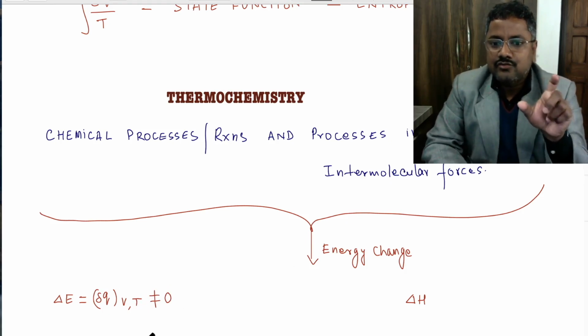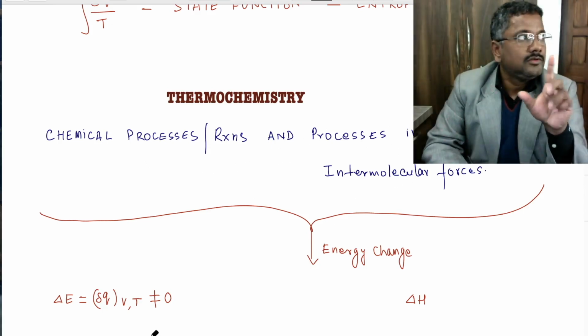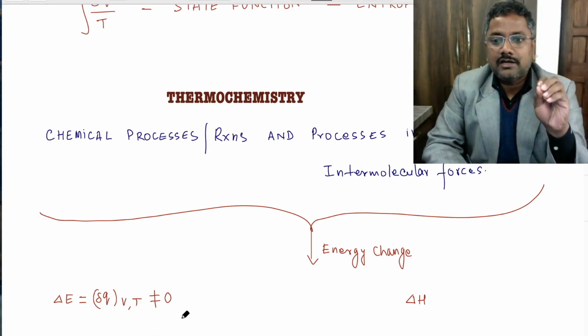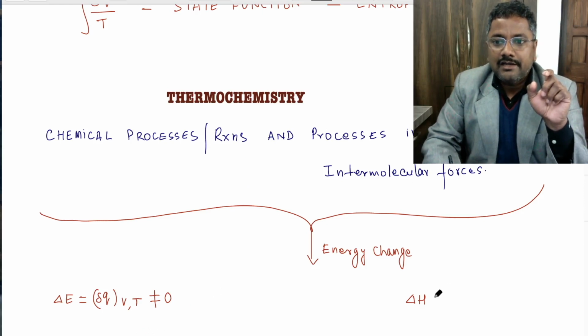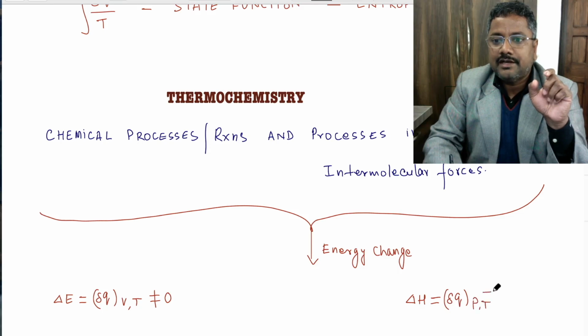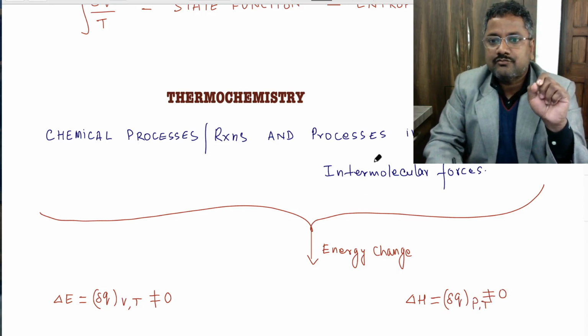This is equal to 0 for expansion and compression processes, but not for such types of processes. And delta H is defined as delta Q at constant P and T, and this is not equal to 0 for such processes.